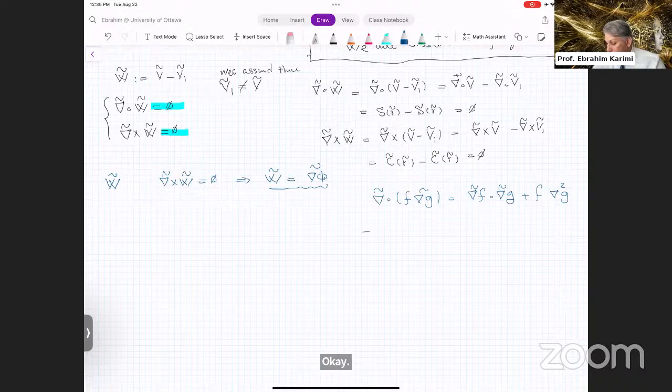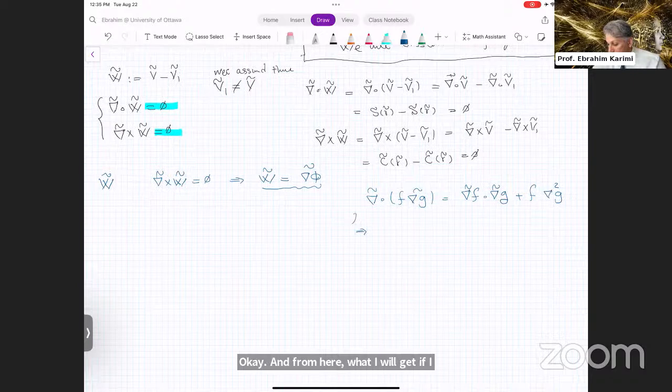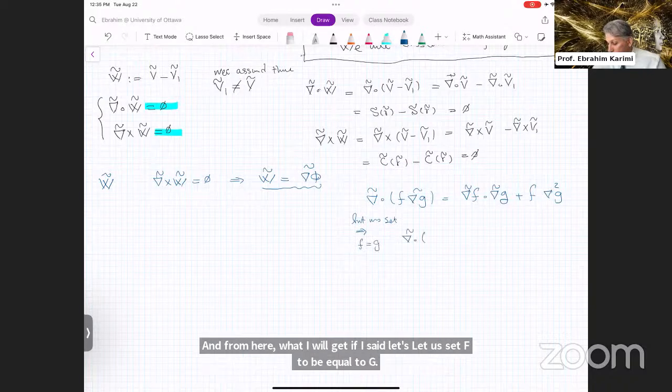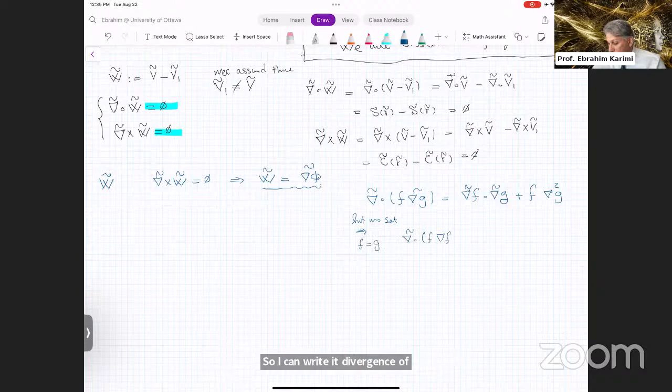And from here, let us set F to be equal to G. So I can write divergence of F gradient of F. Then I will get gradient of F to the power of 2 plus F Laplacian of F. Good? I think we are okay.